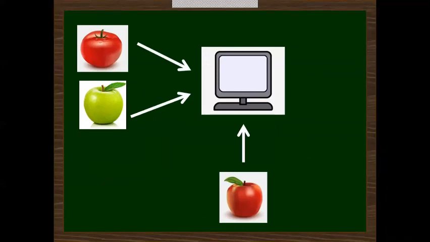So when we humans are, for example, taught that this is a tomato and this is an apple, after seeing it a few times, it gets stored in our memories what it is. And when we are shown a red apple, we come to know that it is a red apple. So our mind trains itself and we understand what it is.